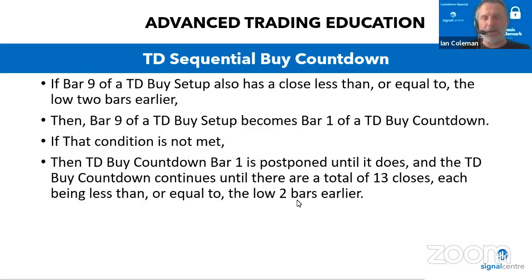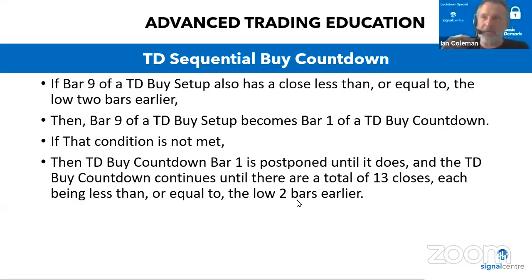So sometimes you'll be looking at a chart and you won't notice a 12 because the 12 count might be 10 bars previous, but then suddenly a 13 count appears, and it's because it hasn't fulfilled all of these details.